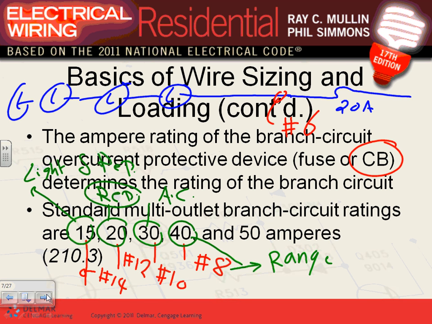Any questions? See why they go by the size of the overcurrent protection device, not by the size of the conductor? Why would you do something like this, a number 6 on a 20 amp circuit? Come in and practice. You're going to do it in a parking lot and so forth. Voltage drop. You oversize so you don't lose. You start with a 240 volt. You don't want to end up with a 200 volt on the other end.